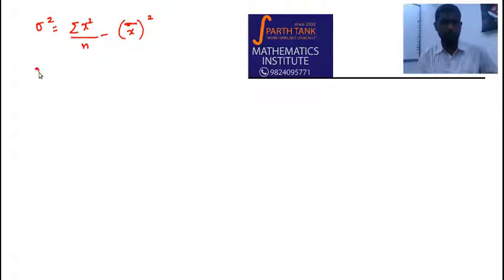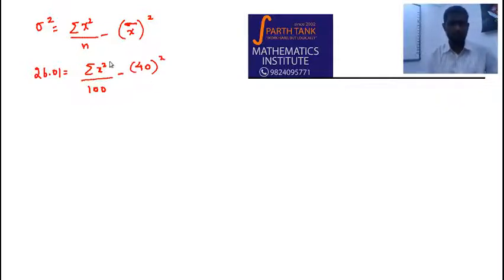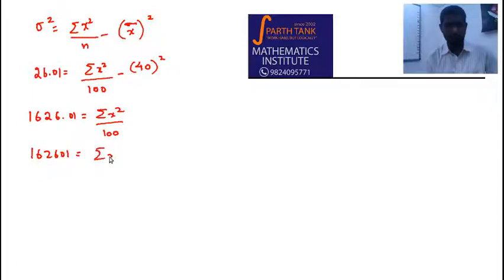So here I have 26.01 is summation of x squared by n, which is 100, minus x bar, which is 40, the old wrong one. So if you put all this and take that 40 squared, 1600, right? So 1626.01 is summation of x squared by 100. Now take it to the other side, 162601 is summation of x squared, the old one.